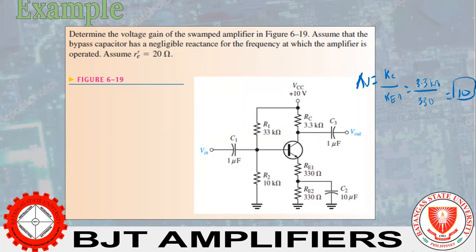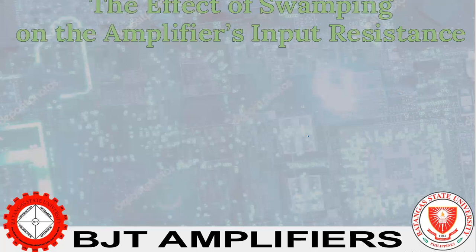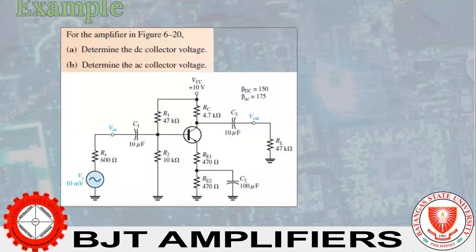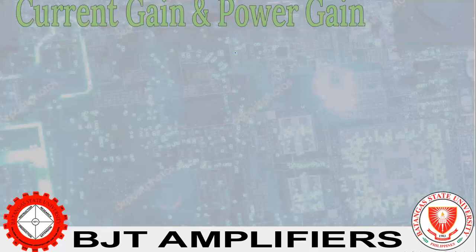Swamp amplifier kasi siya, swamp. Pag swamp, guys, may ganito at saka may ganito. Okay? So, effect daw ng swamping sa amplifier's input resistance, kasi kanina lagi tayong voltage gain. Yung R in base natin, yung input resistance natin, magiging beta AC times RE prime plus RE1, kasi nga naka-series siya. Okay? So, yun. So, current gain and power gain.